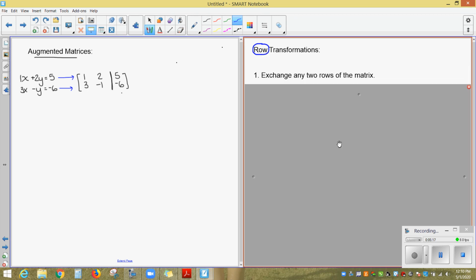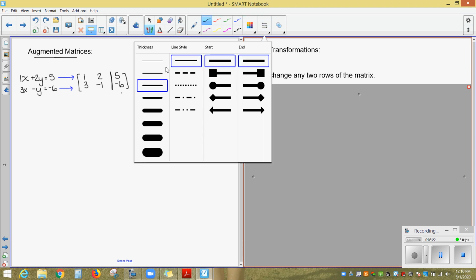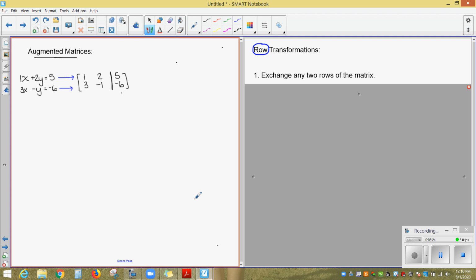When we are working with our rows along the way, we can change places with any two rows that we want. The reason we're allowed to do that is because if I wrote the bottom equation first and then the top equation second, hopefully it's clear that that wouldn't change what the solution set is of that system.